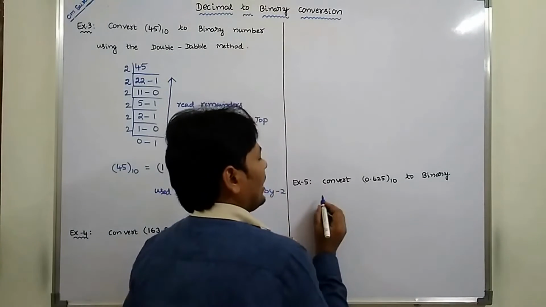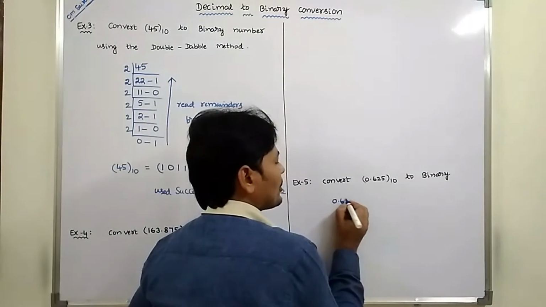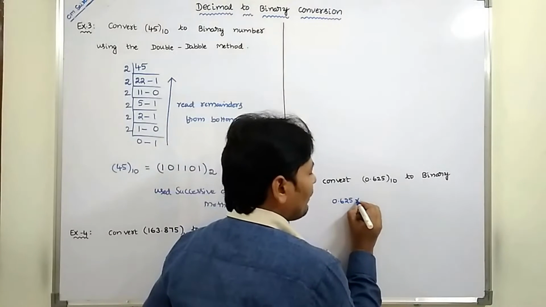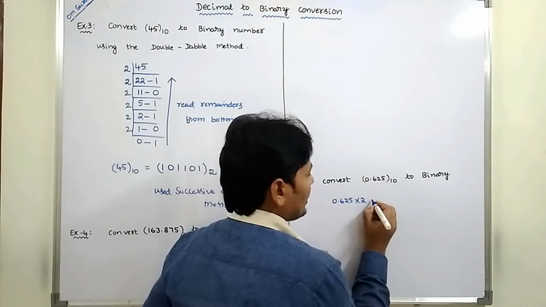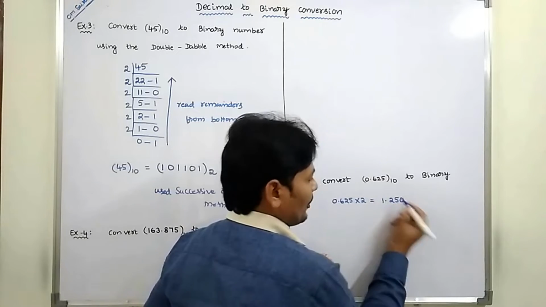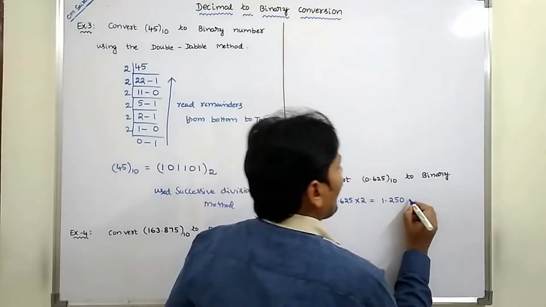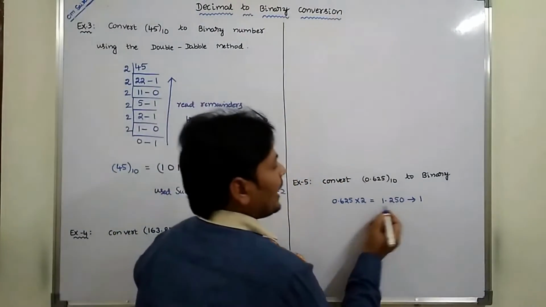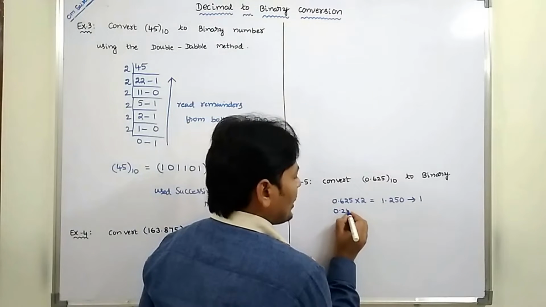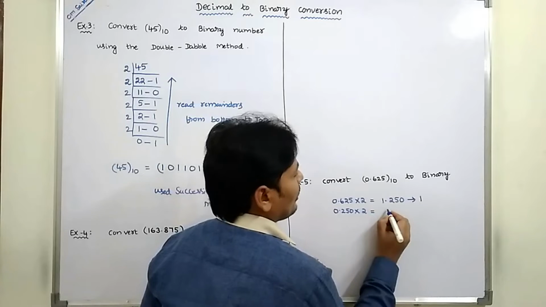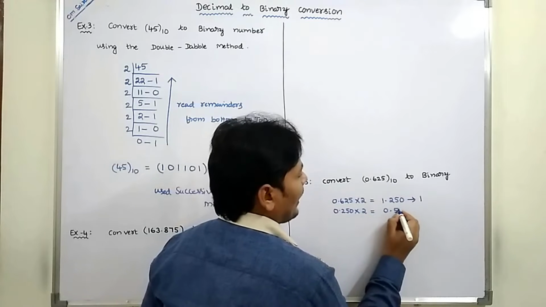So 0.625 is successively multiplied by 2, which is equal to 1.25. Here we separate the integer part 1. The remaining fraction part is 0.25, into 2, which is equal to 0.50.